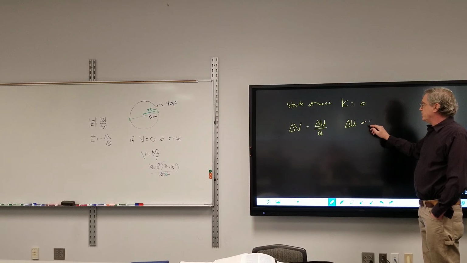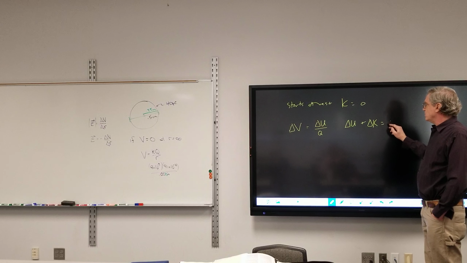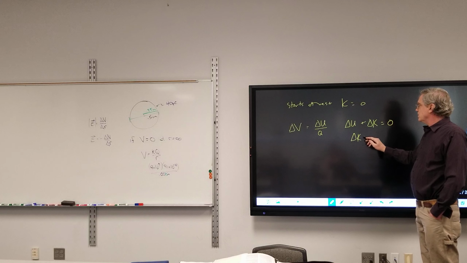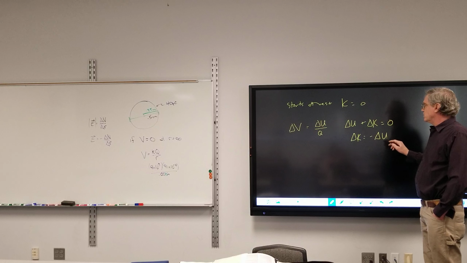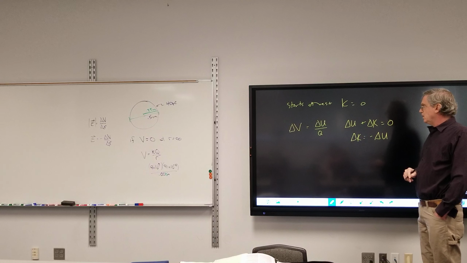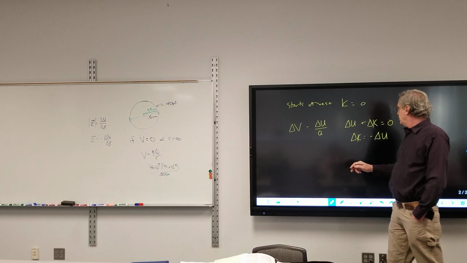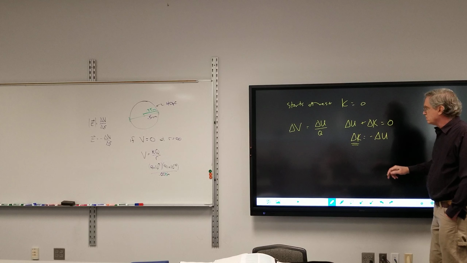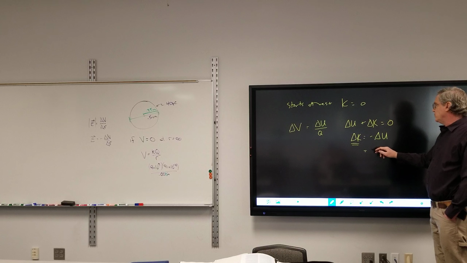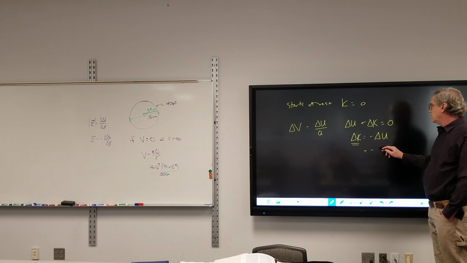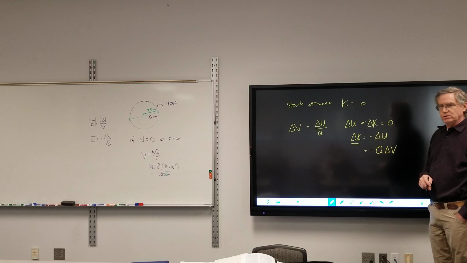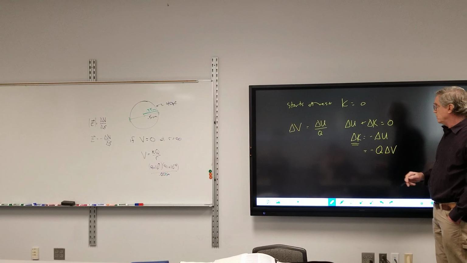So the change in potential energy plus the change in kinetic energy should be 0, and the change in kinetic energy is the negative change in potential energy. That's equal to negative charge times the change in electric potential, or voltage.